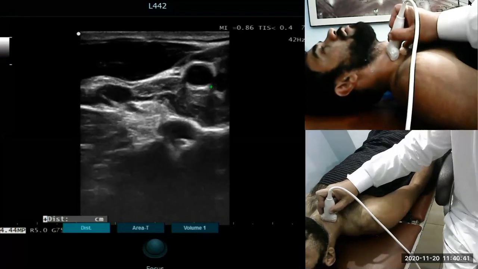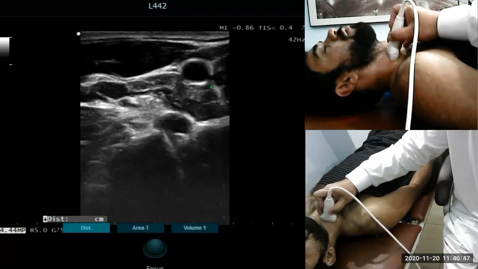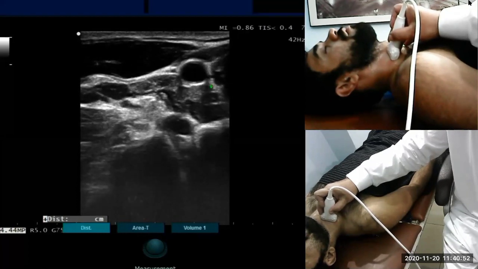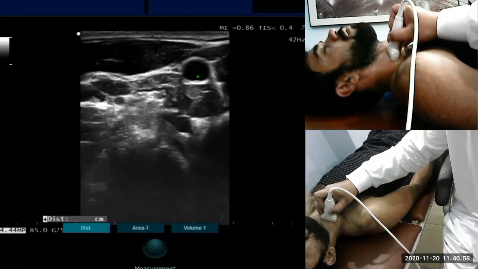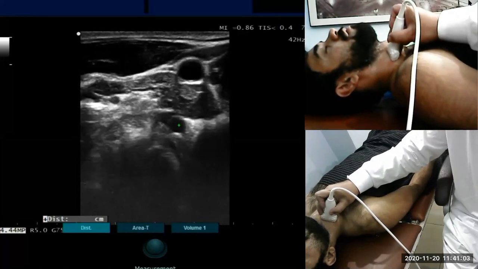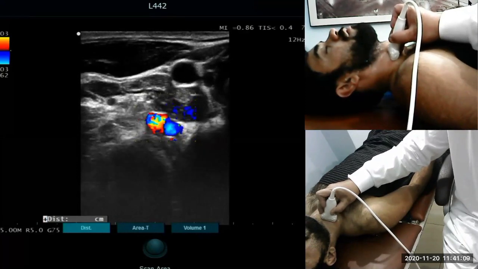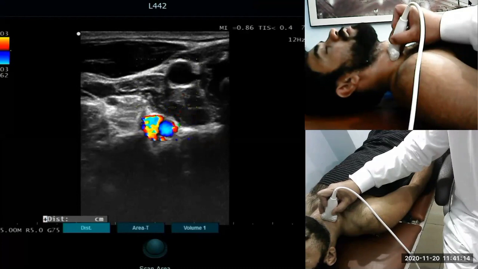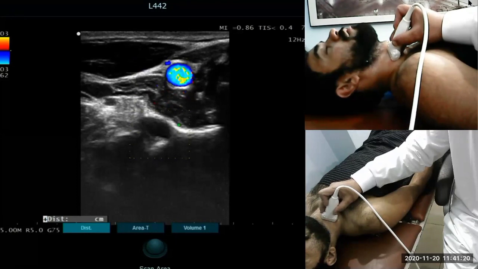You will see the carotid beating there, and the vertebral body, and on the side here is the vertebral artery and vein, the carotid above, the vertebral below.